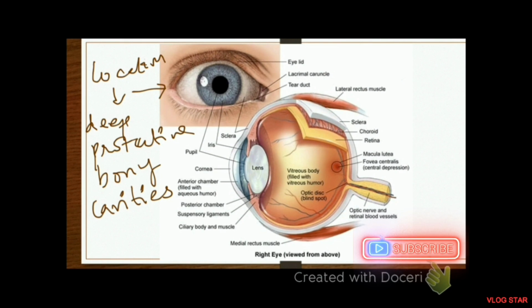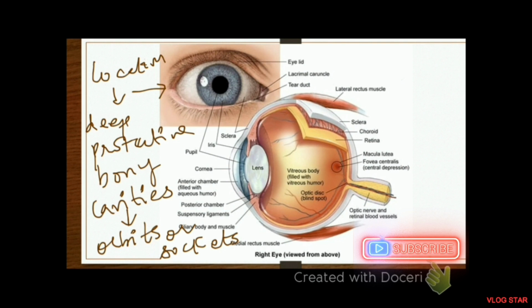We have a pair of eyes, and they are located in deep protective bony cavities, and those are called the orbits or sockets. So that is where the eye is located.